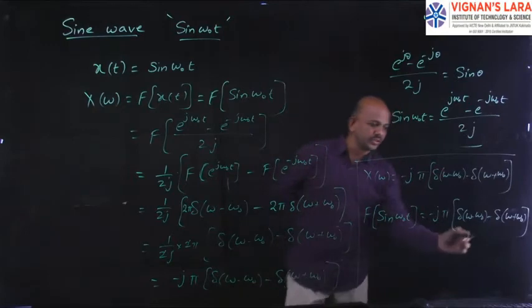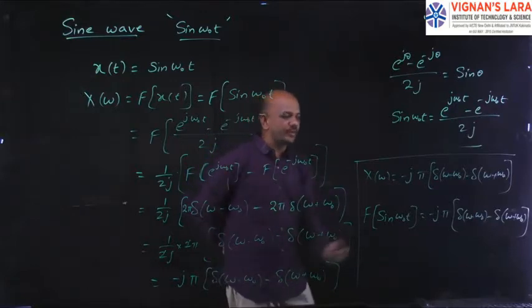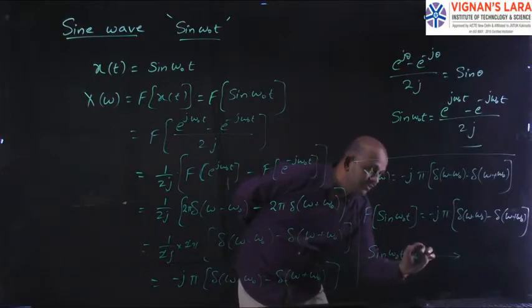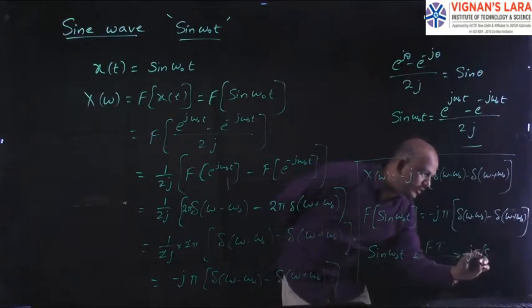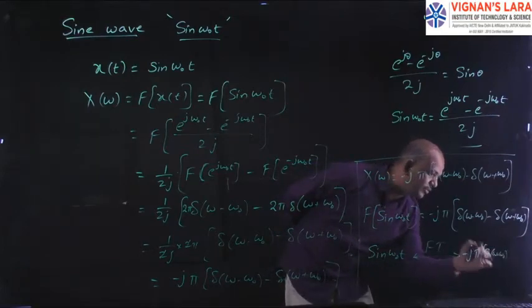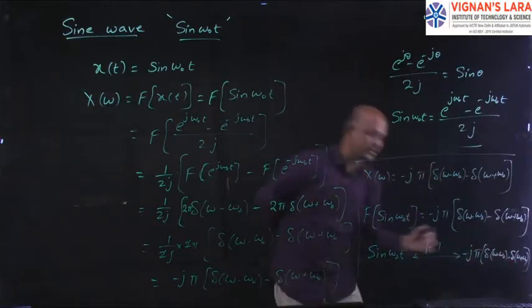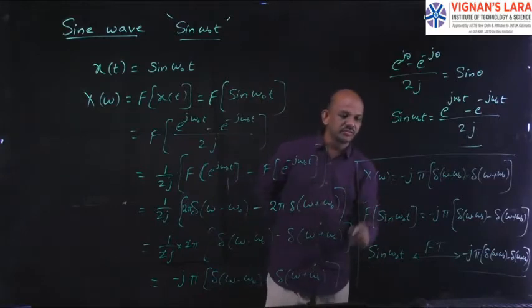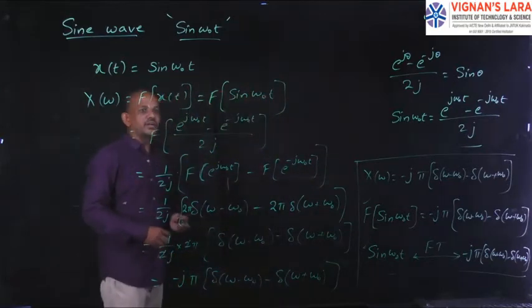Or you can represent this Fourier transform pair as sine omega naught t having a Fourier transform of minus j pi into del of omega minus omega naught minus del of omega plus omega naught. So you can denote the Fourier transform like this, or represent the Fourier transform pair like this. So this is the way to find the Fourier transform of a sine wave.